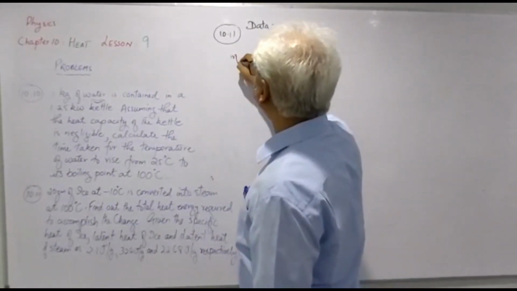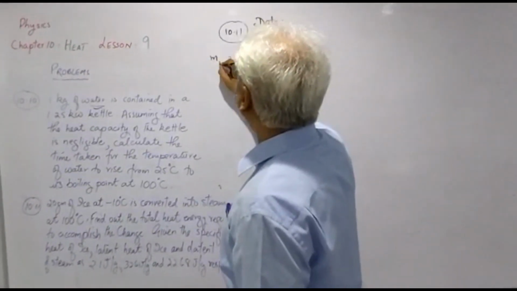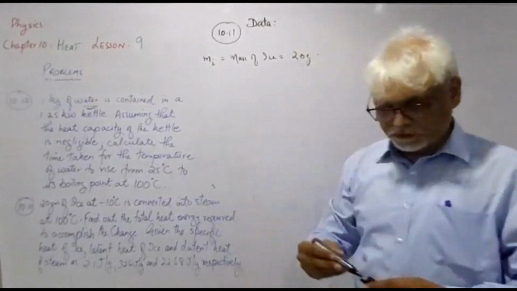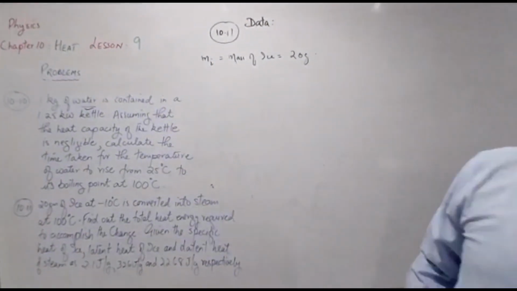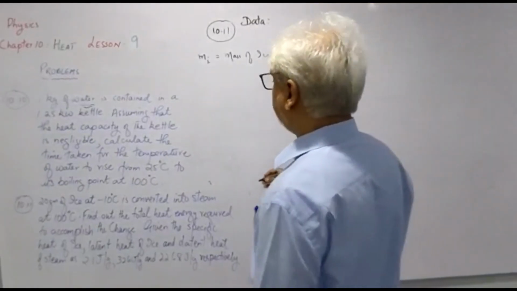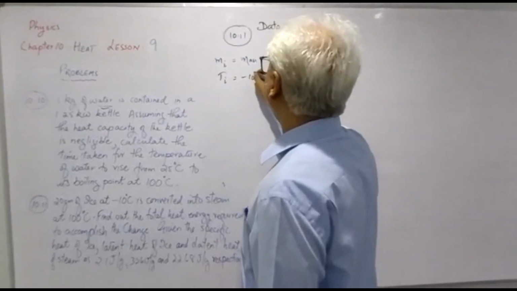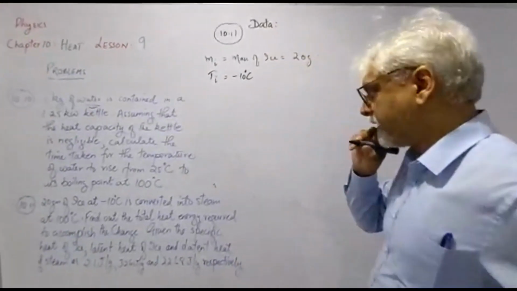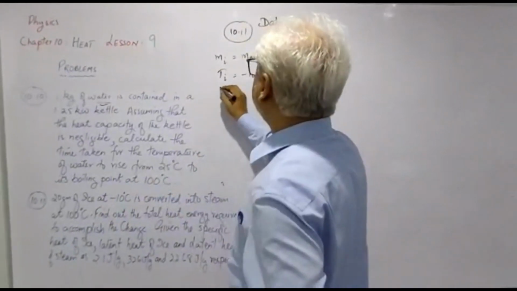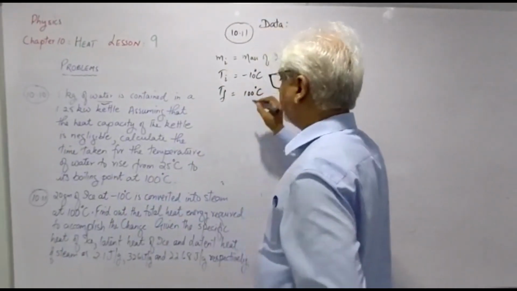So the mass of ice, let me put it as Mi, is equal to 20 grams, at minus 10 degrees centigrade. So the initial temperature is minus 10 degrees centigrade. It's converted to steam at 100 degrees centigrade. So the final temperature, that is the temperature of steam, is 100 degrees centigrade.